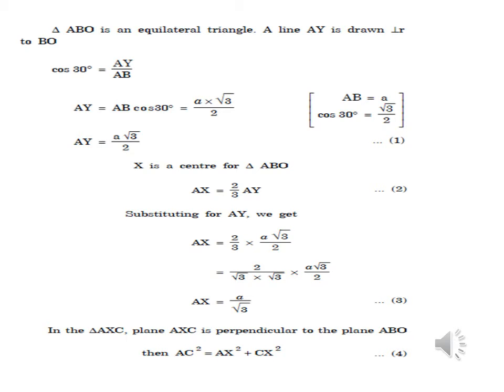In the other triangle, consider AXC. To draw this plane, AXC is perpendicular to the plane ABO. Then, by the diagonal formula, AC squared equals AX squared plus CX squared. Now consider this equation.